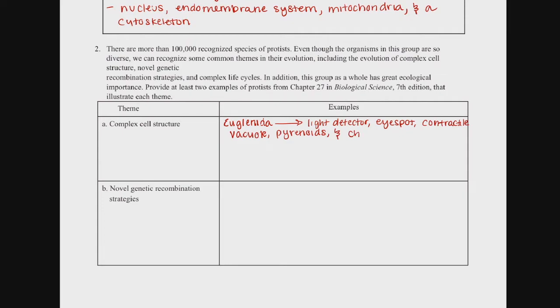You don't have to know what all of these little things are. These are just examples of protists that have really complex cell structures, and it's just examples that your textbook gives you in some tables. So you don't need to know what an eye spot is, what a contractile vacuole is. Just understand that they can be very diverse in their structure.